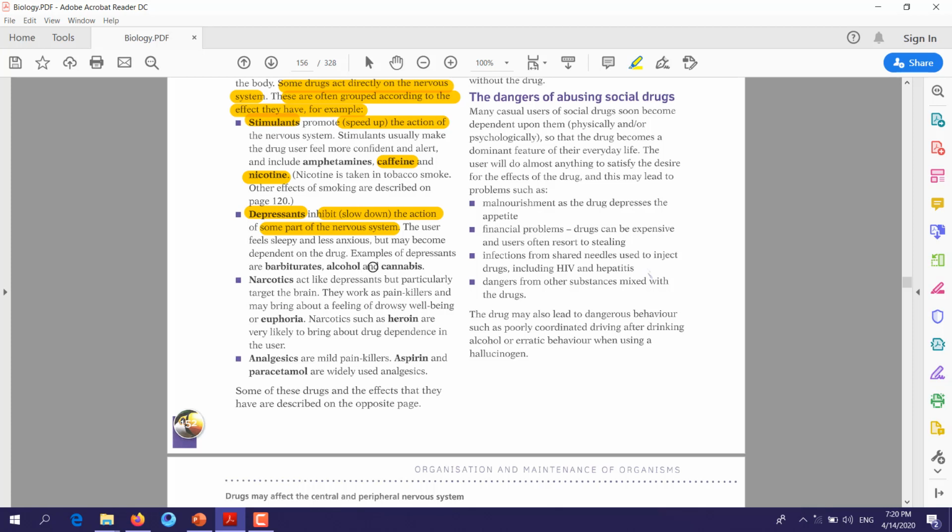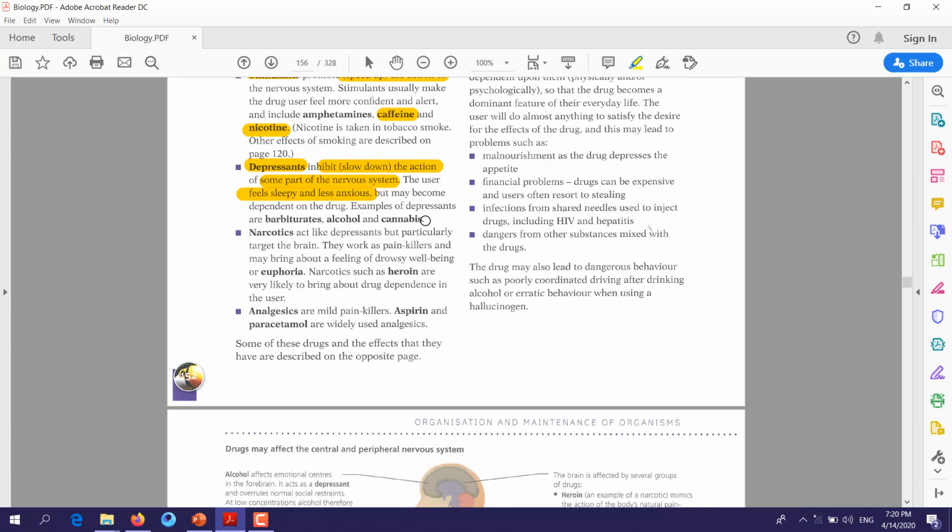So the user feels sleepy and less anxious when he takes this kind of drug. Examples of it: alcohol, cannabis, barbiturates.